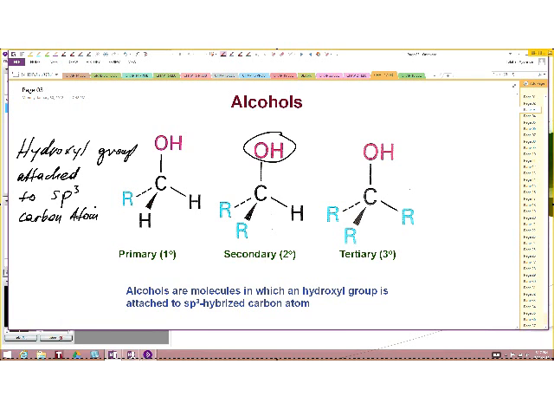So alcohols are organic molecules in which you have the hydroxy group attached to sp3 carbon atoms.